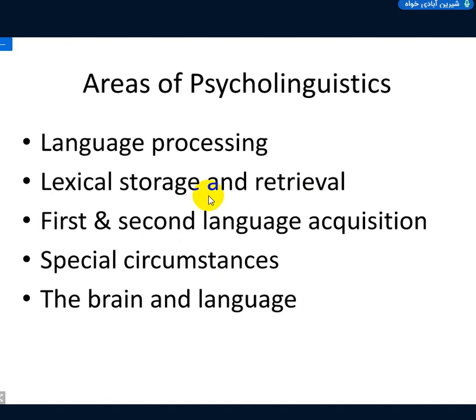At the moment I'm speaking, I have stored the vocabulary in my mind, and now I am retrieving them. So what happens during this process? This can be studied. Another area is first and second language acquisition, with which you are familiar to some extent.